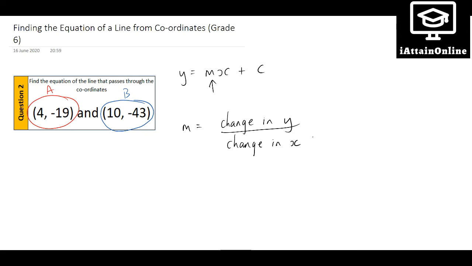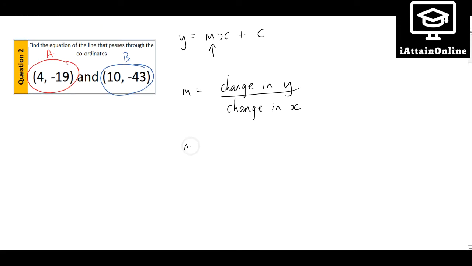Now remember, we need to be consistent here, so I'm going to write out: this is my x and y values for coordinate A, and these are my x and y values for coordinate B. So to work out my change in y, I'm actually going to start with coordinate B for a change.